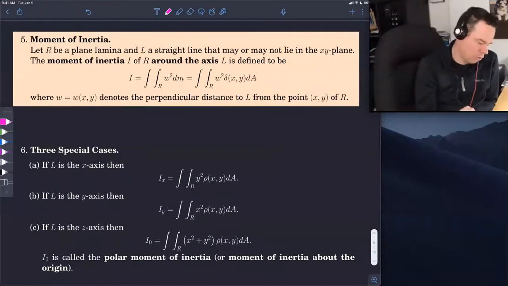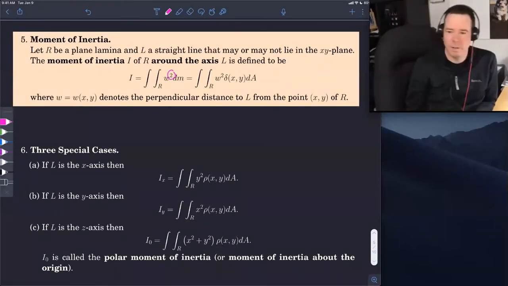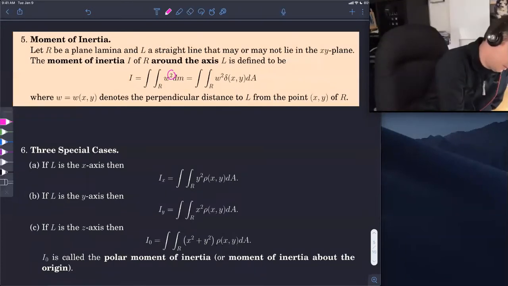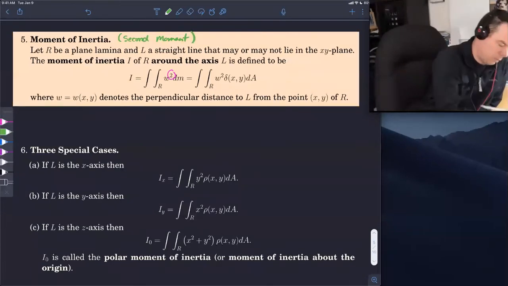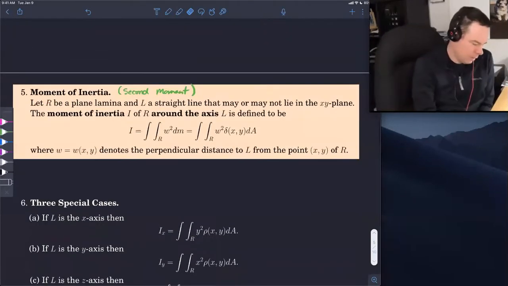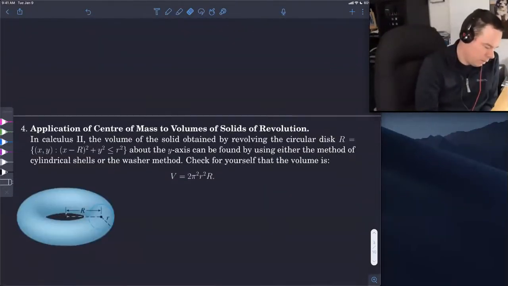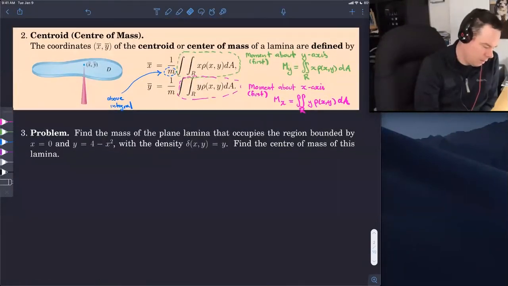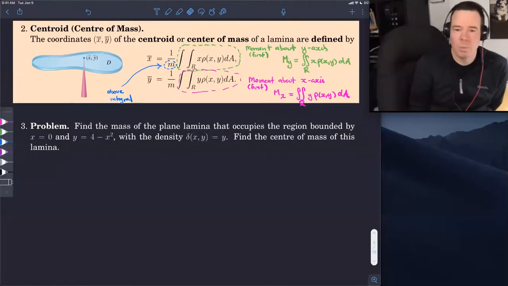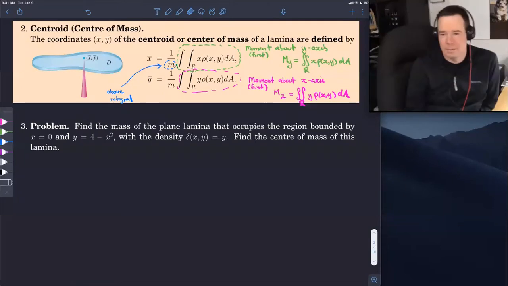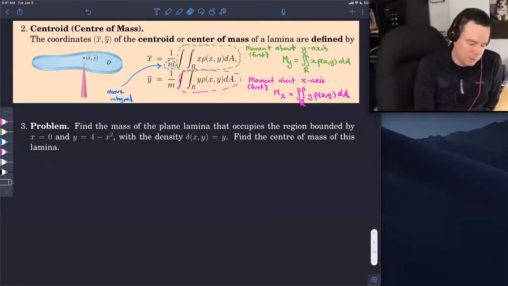Here it is, moment of inertia. And there's a square there. So this is also known as the second moment, because of that square there. So we'll get to that in a little bit. But the nice way you can capture these ideas very succinctly is the first moment is in some sense related to torque, the tendency to want to twist or rotate about an axis.